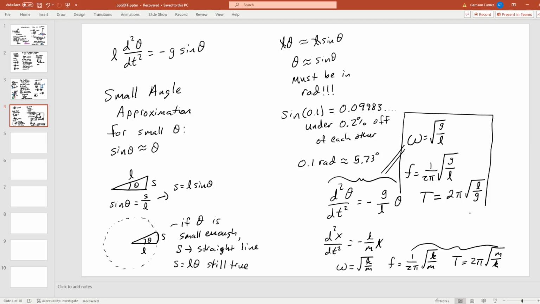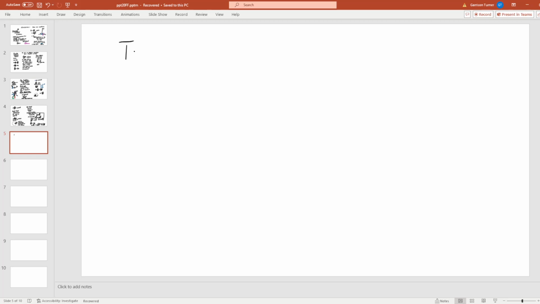Now, to move away from the Earth, let's go out into empty space. In empty space, g is approximately 0.